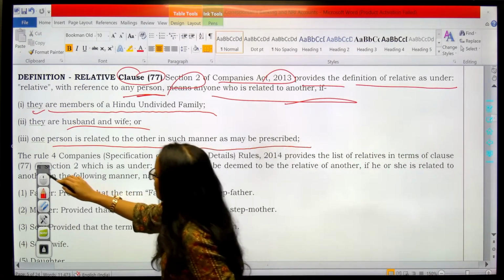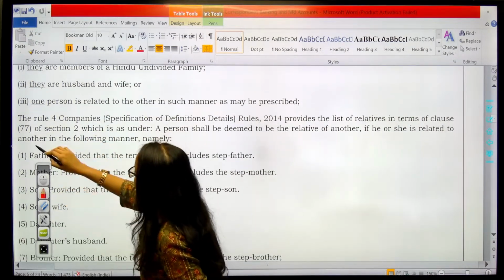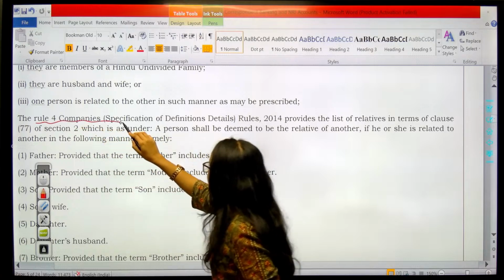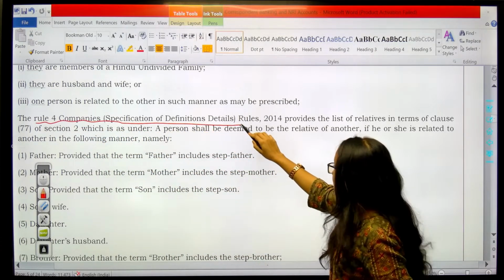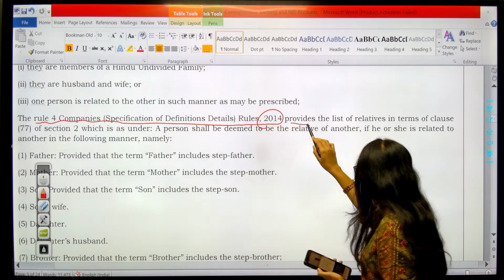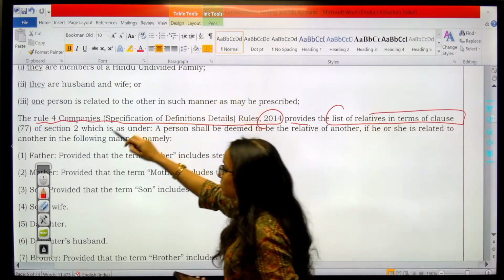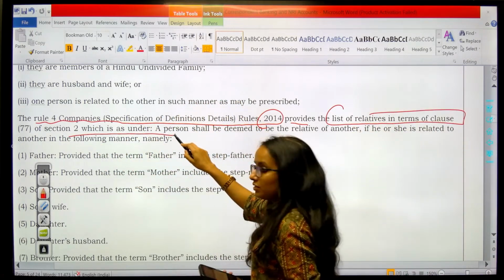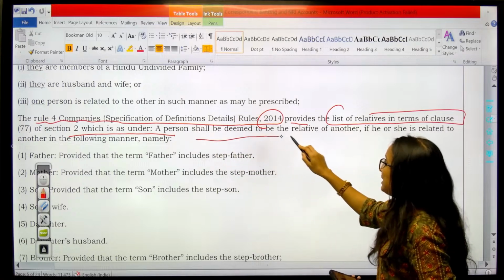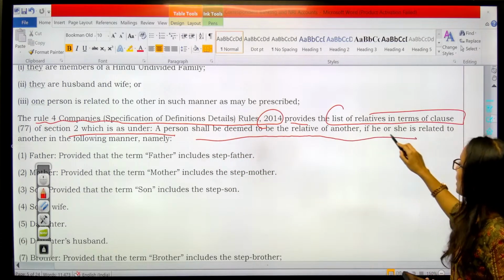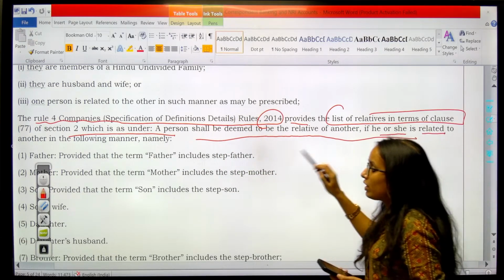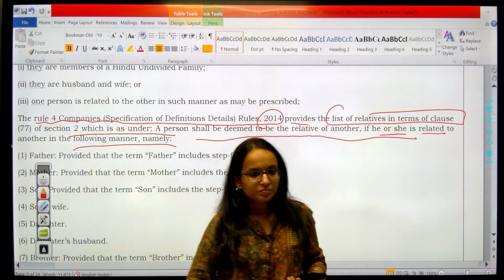So here Rule 4 of the Companies (Specification of Definitions Details) Rules, 2014 provides the list of relatives in terms of clause 77(2) as mentioned above, which is as under: a person shall be deemed to be the relative of another if he or she is related to another in the following manner.